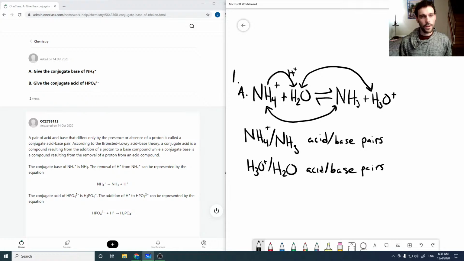So to answer the question, the conjugate base of NH4 plus is just NH3. So NH3 is the conjugate base.